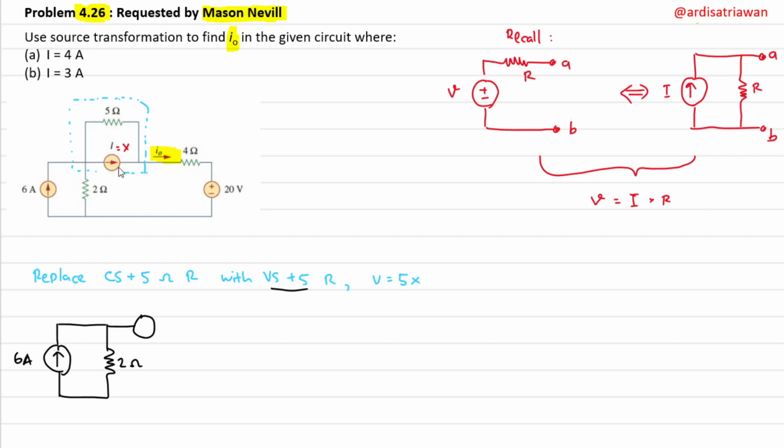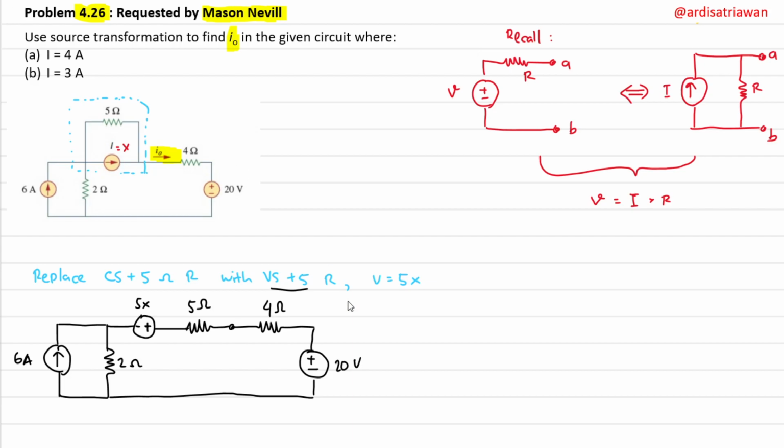Remember, this is flowing from here to here, so the line will be like this, and the value of V will be 5X, right? And then this resistance becomes series, which is 5 ohm, and then this will be 4 ohm, and we have 20 volt voltage source.